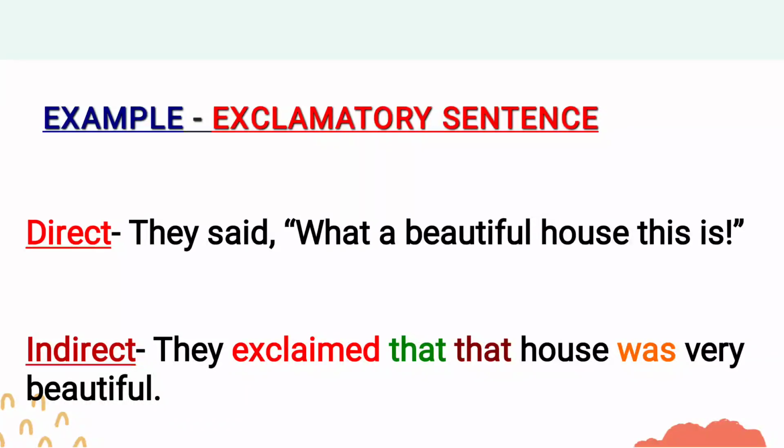So the sentence will be: they exclaimed that the house was very beautiful. There is another rule. While converting direct speech into indirect speech of an exclamatory sentence, you have to arrange that sentence in a simple way, it means in a simple or assertive sentence.